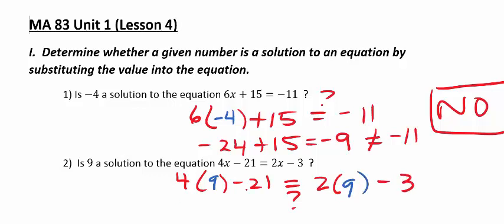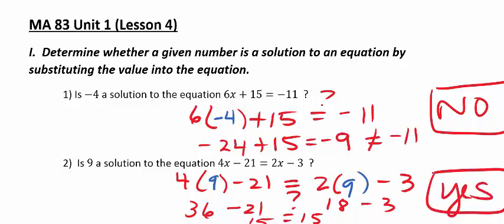Well, let's see. 4 times 9 is 36, and 36 minus 21 is 15. On the second side of the equation, we have 2 times 9 is 18, minus 3 is 15, and 15 does equal 15, so yes, 9 is a solution to the equation.